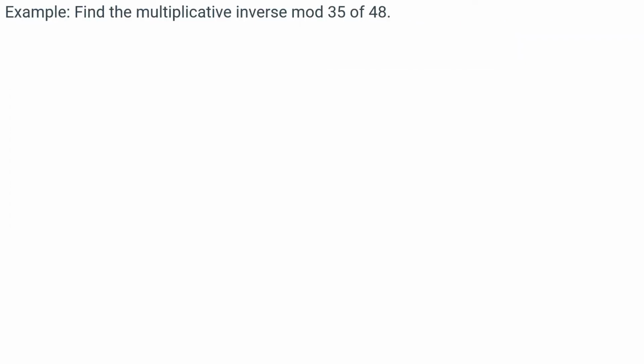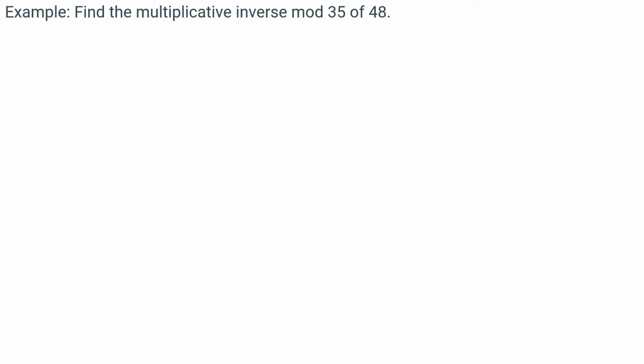Okay, let's say we want to find the multiplicative inverse mod 35 of 48. So we're getting the multiplicative inverse of 48 mod 35. Which one would be the X and which one would be the N?